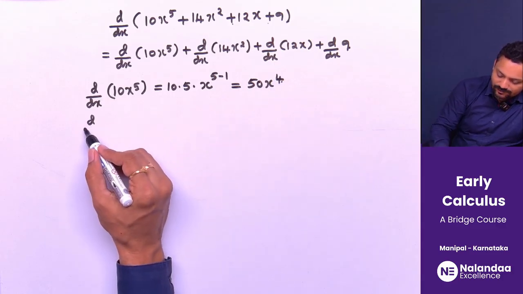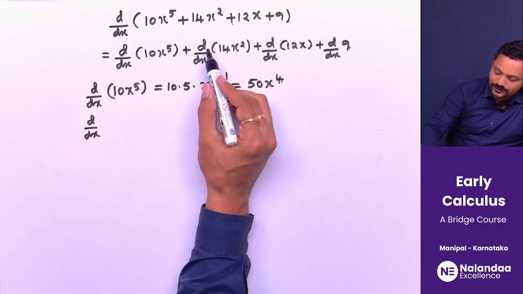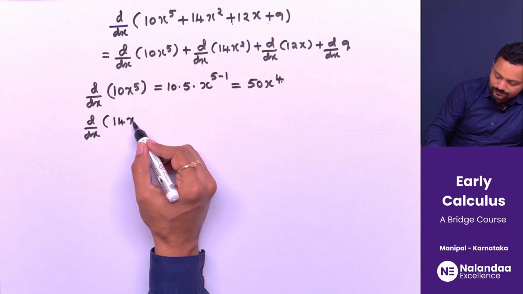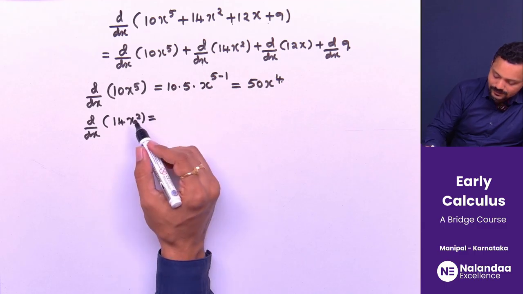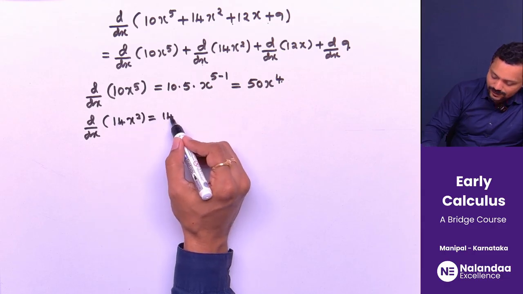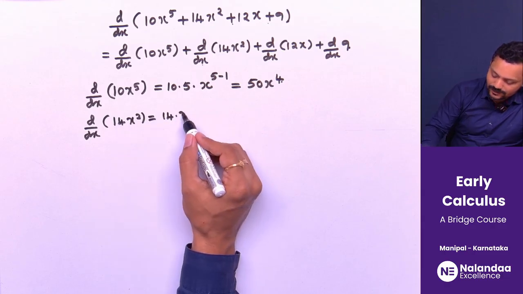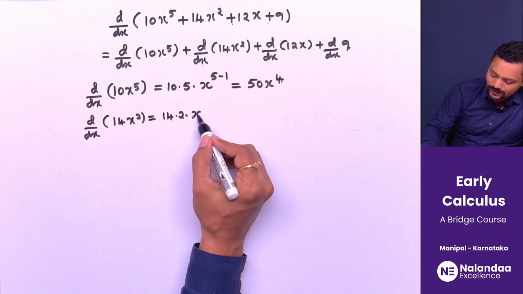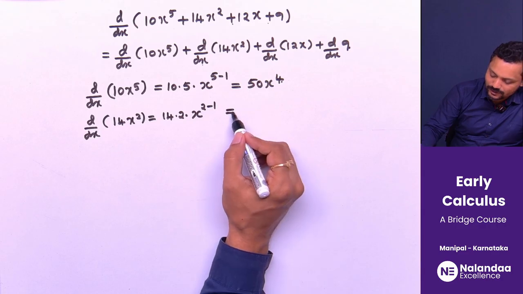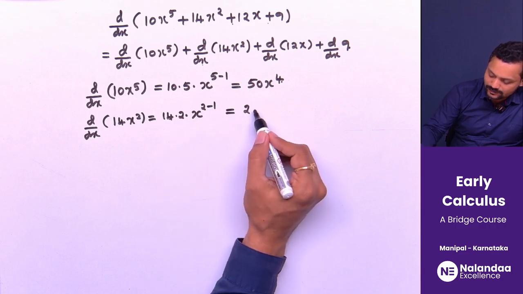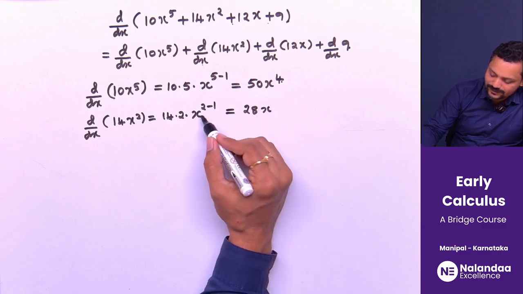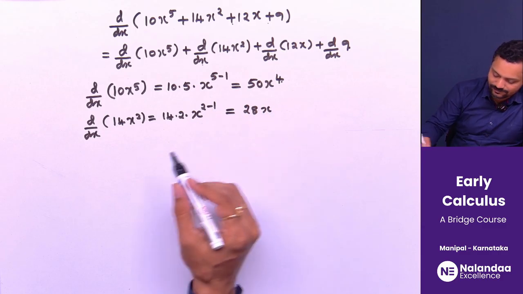Next, we will find the second term, that is d by dx of 14x square. This is a x power b. So we write 14 as it is, then we write the power, that is 2, into x power, reduce the power by 1, that is 2 minus 1. So 14 into 2 is 28. This is x power 2 minus 1, that is x power 1, which is x itself.